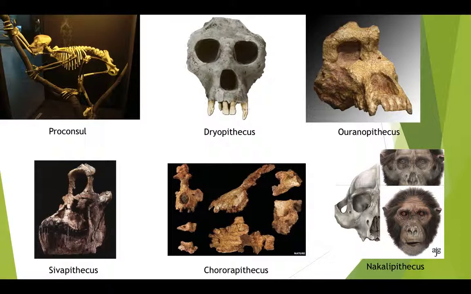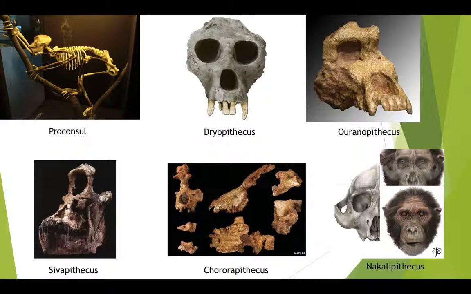Dryopithecus is perhaps ancestral to modern-day African apes. We've got Ouranopithecus that is distinct to Turkey and Greece. We've got Sivapithecus as an ancestor to modern-day orangutans. And then we have two fossils here that weren't mentioned in your text, Chororapithecus and Nakalipithecus, that perhaps are ancestors of modern-day African apes.